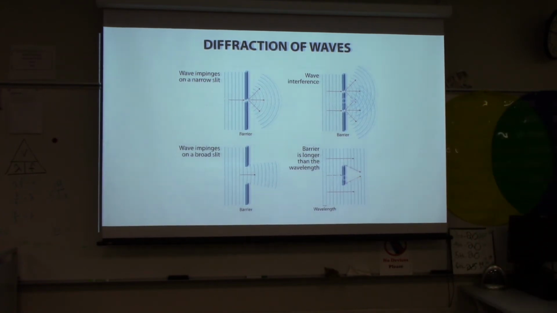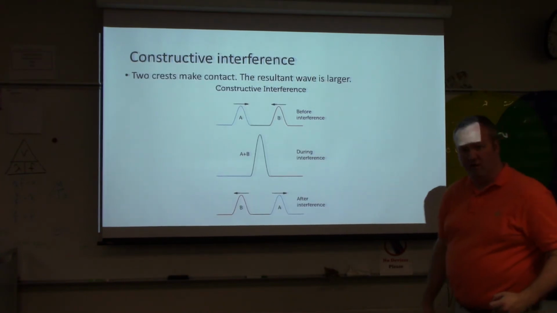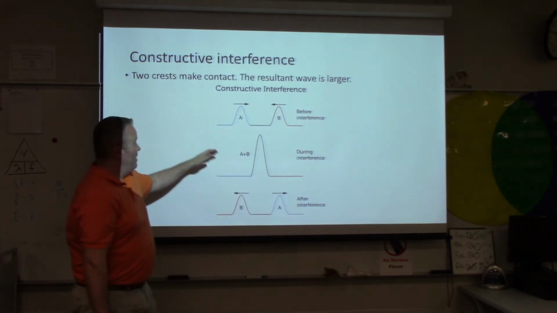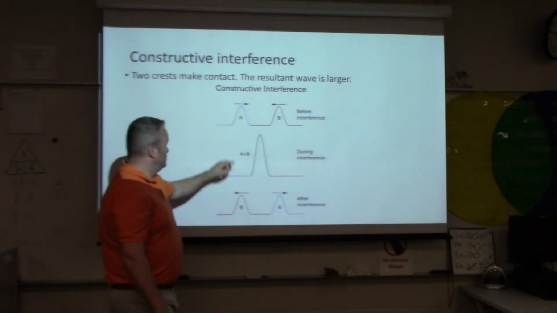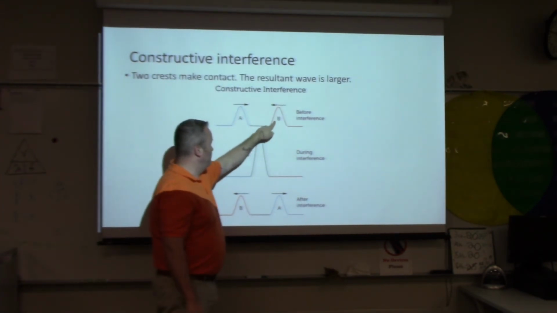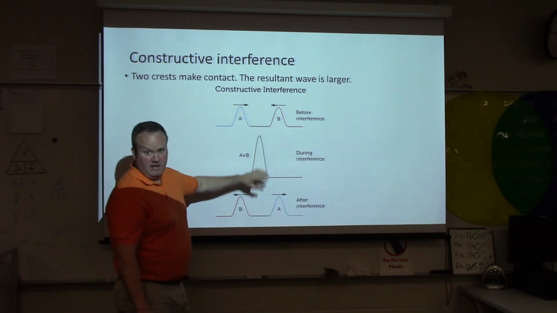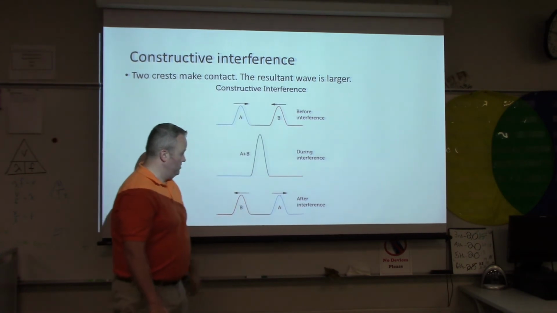2 other types of interactions we have. We have what we call constructive interference. Constructive interference is going to occur when you have 2 waves that come together to make a larger wave. So here we have wave A and wave B, and when they come into contact, it makes a very large wave that's actually this amplitude plus that amplitude.